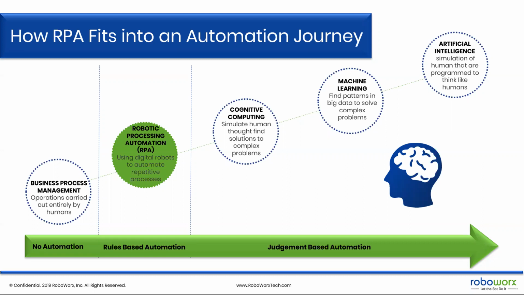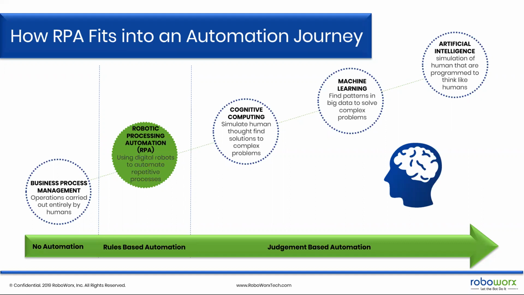But just again, to put it in the bigger context, it's kind of an entry-level way to start thinking about automation. And then it starts to move into more complex areas of automation. So as you get more complex, you're moving from rules-based automation, where the robot doesn't think, it just does exactly what you tell it to do.